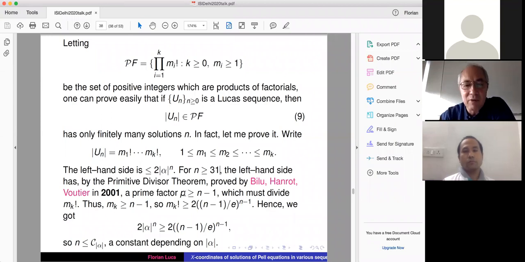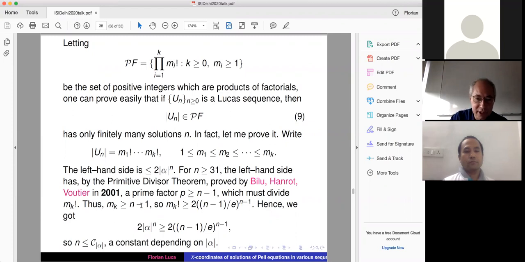It has several properties, but one of the properties is that it's at least as large as n minus 1, and that's an important property for us. This prime has to be absorbed by these factorials. So in particular, it has to be detected by the largest factorial. So m_k has to be at least n minus 1.